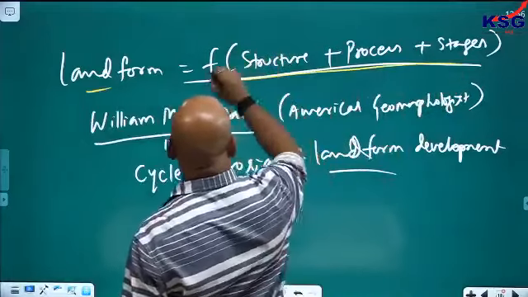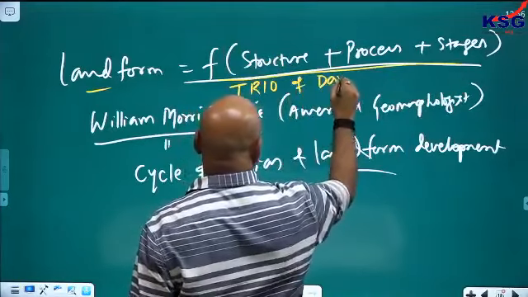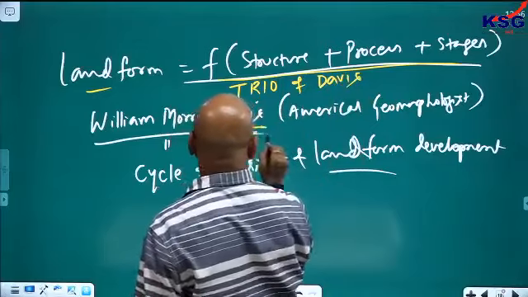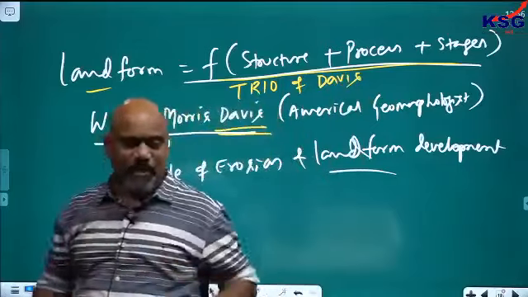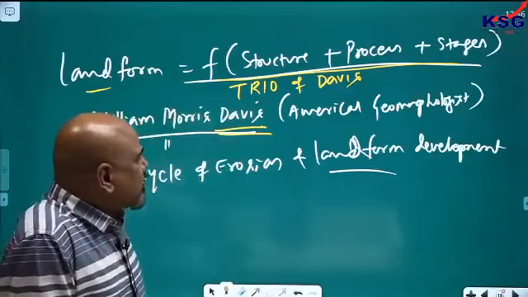क्या बोलते हैं उसको? Trio, T-R-I-O, trio of Davis. William Morris Davis. Three different prime factors he mentioned about landscape evolution. That's why it is also called the trio of Davis.